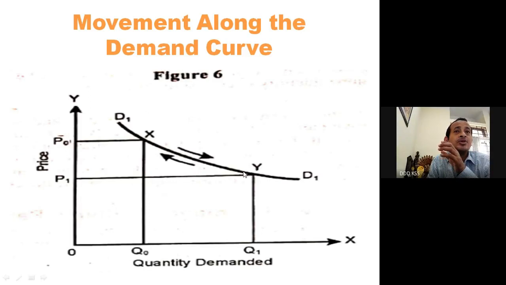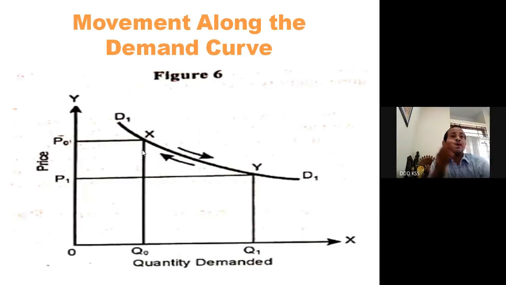The consumer moves along the demand curve, upward, and it comes to the price PO and quantity demanded OQO. So this is known as the movement along the demand curve, and it is also known as contraction and expansion of the demand curve.